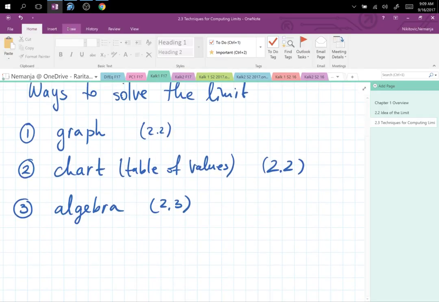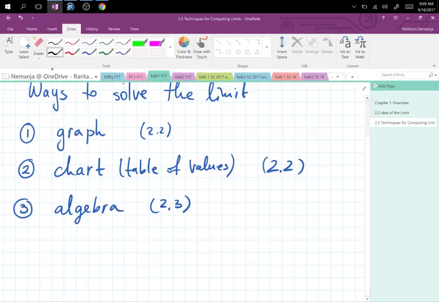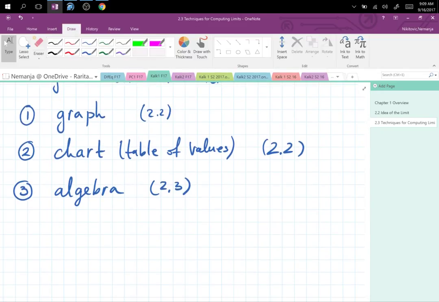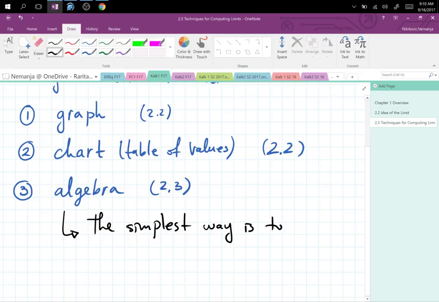The simplest form to solve the limit is to plug the x value in. If it works, you get the answer, you're done. However, it doesn't work most of the time, right?